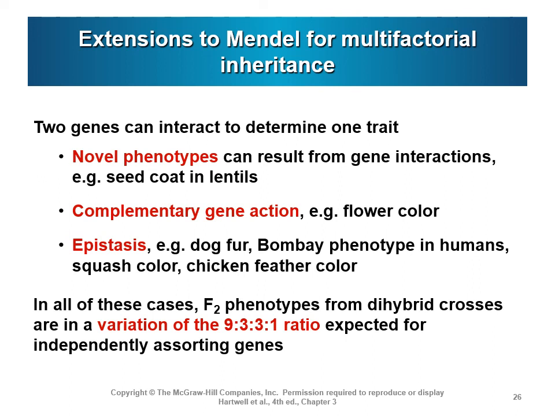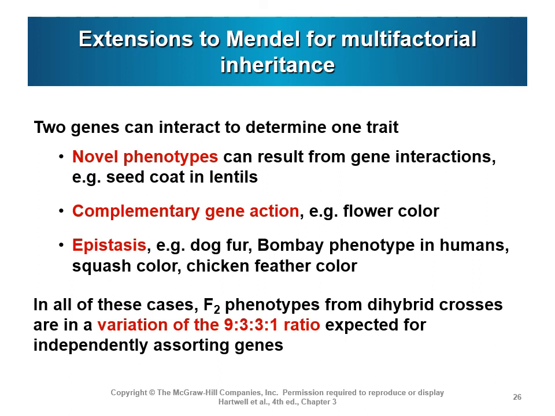We can also observe epistasis, which means interaction of genes that are not alleles. It is the suppression of the effect of one such gene by another. Examples: the Bombay phenotype in humans, in which a second antigen produces the O phenotype even when both parents do not carry the O allele.